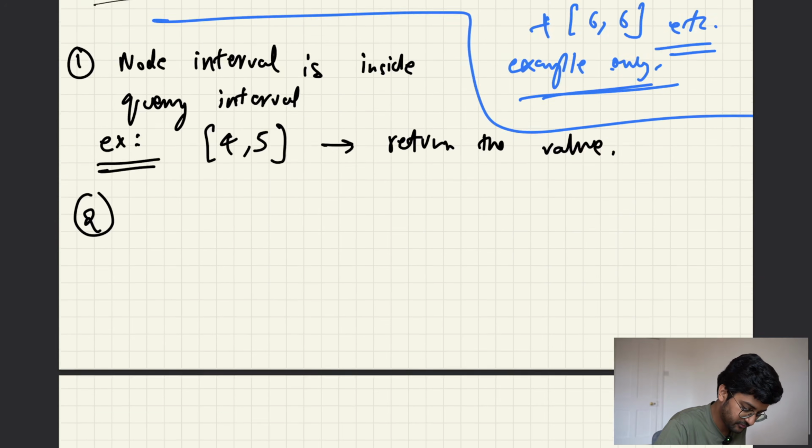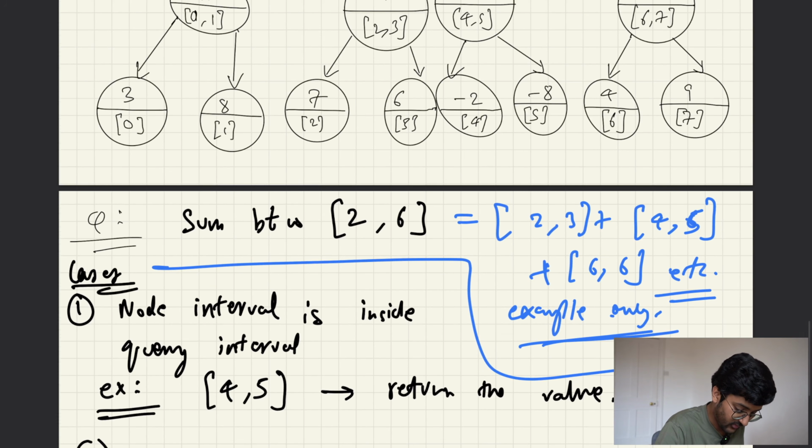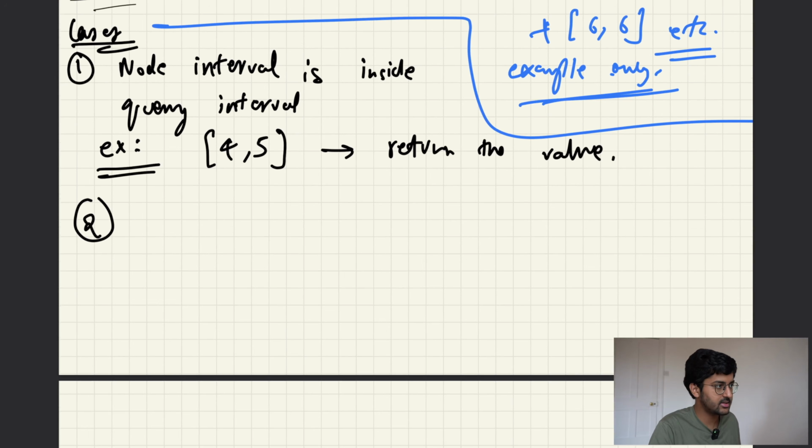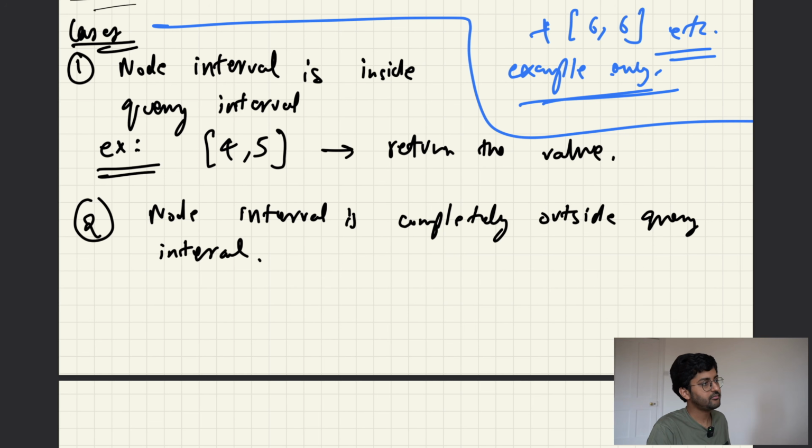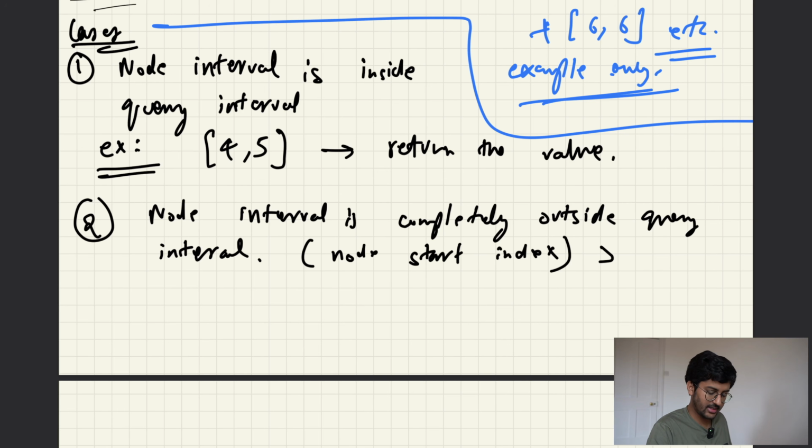Case number 2. We're just seeing the type of possible cases. This is what we did in linked list and others also. The node interval is, let's say, completely outside the query interval. For example, the node start index is greater than the query's end index.